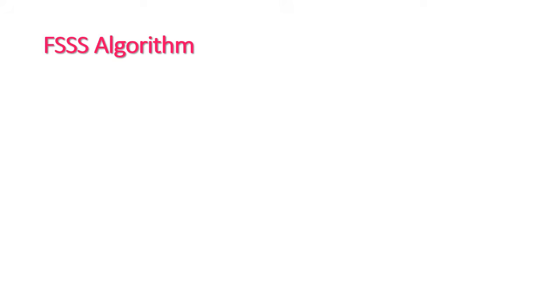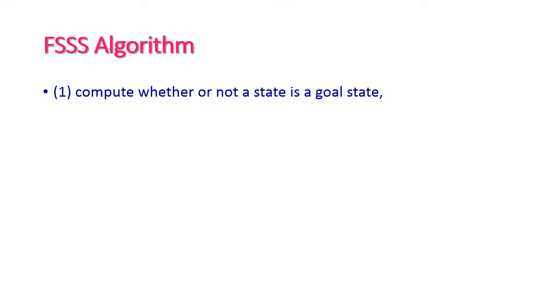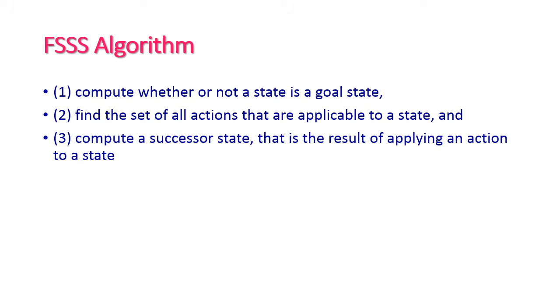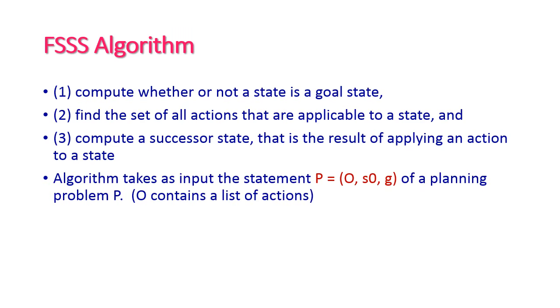And this is the algorithm. In this algorithm we have to do three things mainly. First one, compute whether the given state is the goal state or not. If it is the goal state, then we can return. Otherwise, we have to find the set of all actions which are applicable to that state, and we have to compute the successor state, that is the result of applying an action to that state.